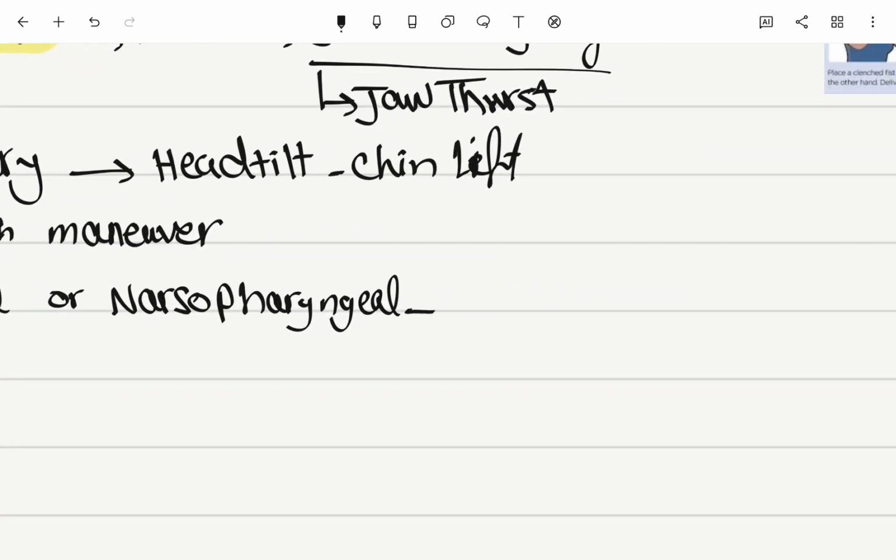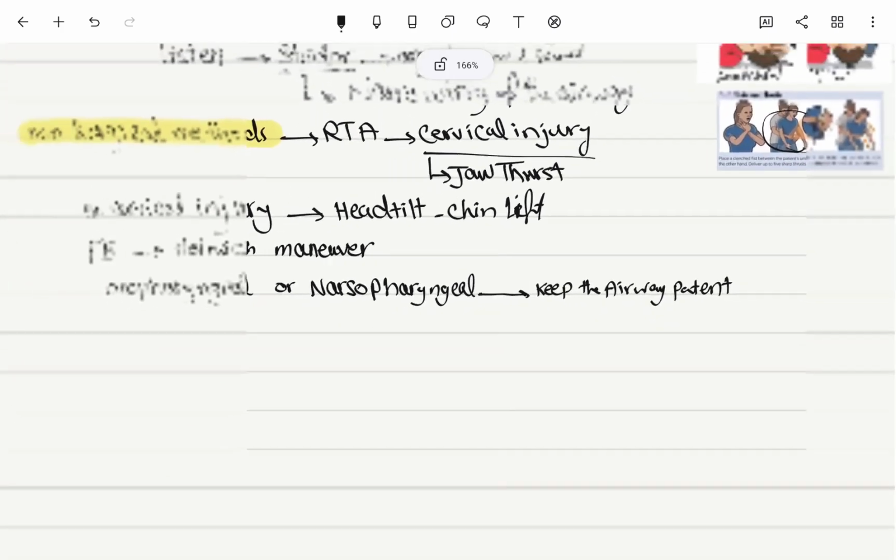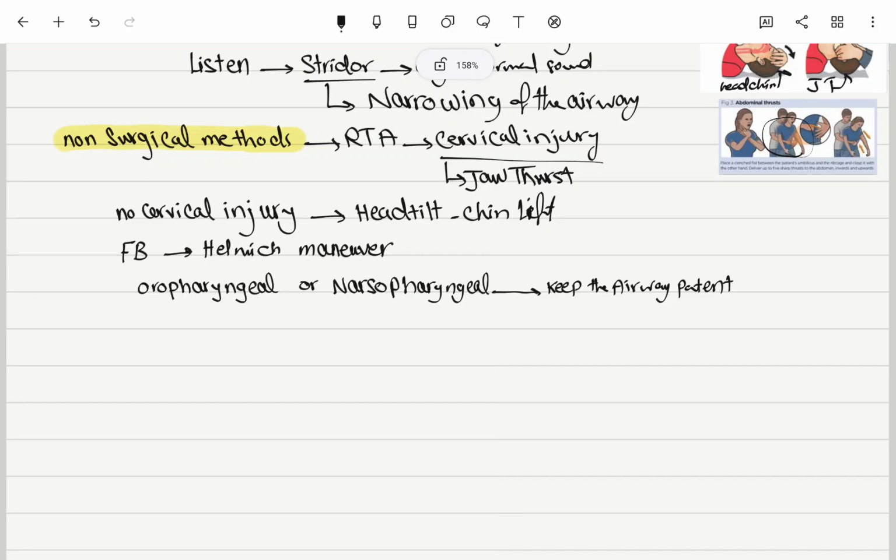Oropharyngeal and nasopharyngeal are the methods that keep the airway patent. Okay, let's talk about the surgical method.